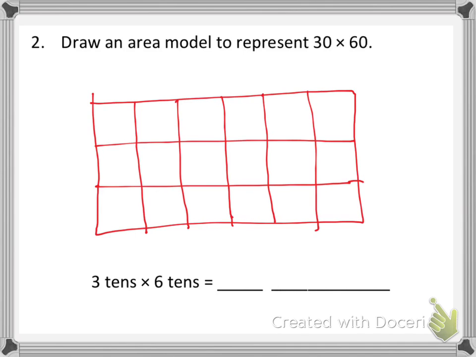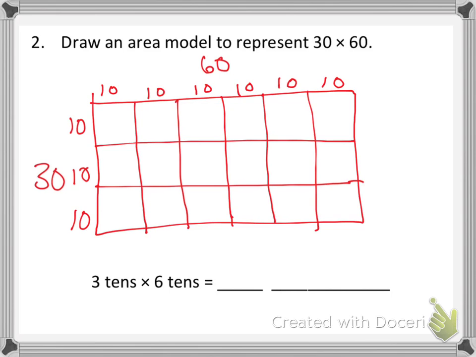All right, well, how is this going to look, 30 times 60, if we use an area model to represent it? Well, on the left-hand side, we've got 10, 10, and 10. This represents 30. And on the top, we have 10, 10, 10, 10, 10, 10, and this represents 60.